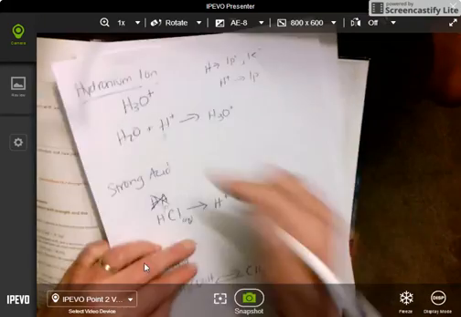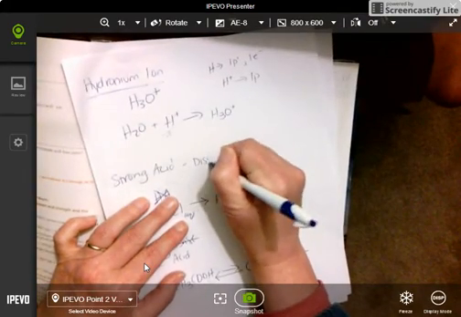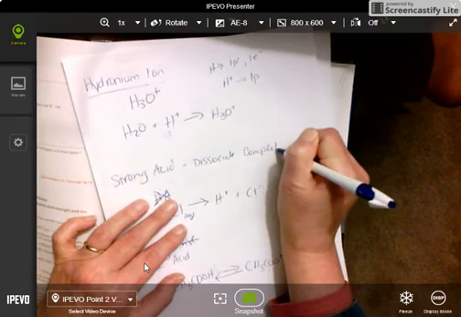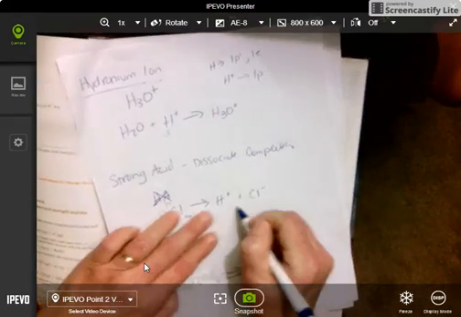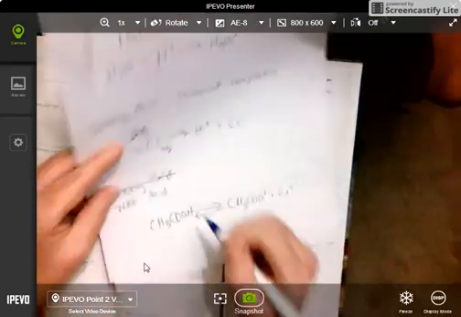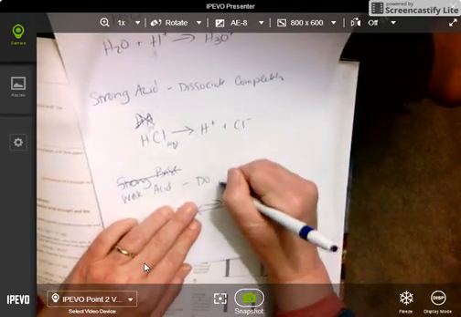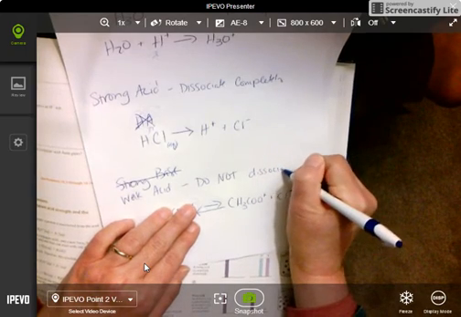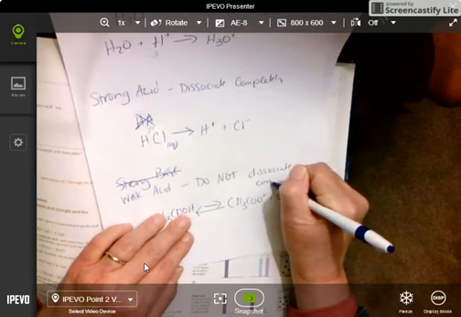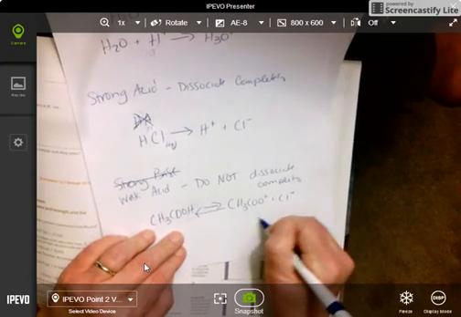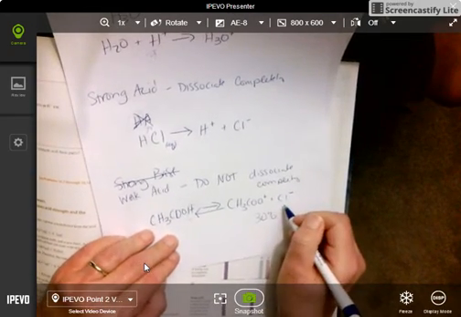So strong acids dissociate completely. Like 100% of it is over here. There's none of this left when I'm done. Weak acids do not dissociate completely. So when I'm done with this reaction, only maybe 30% of it has gone to its ions.